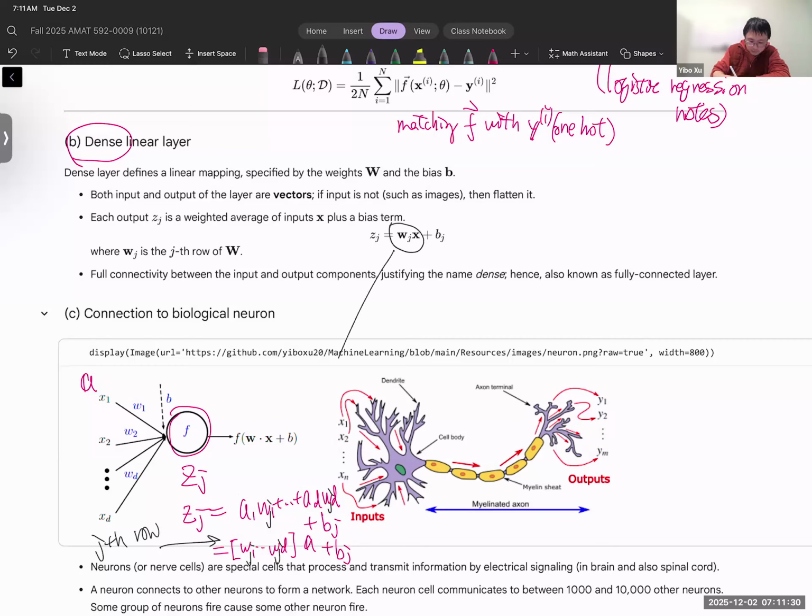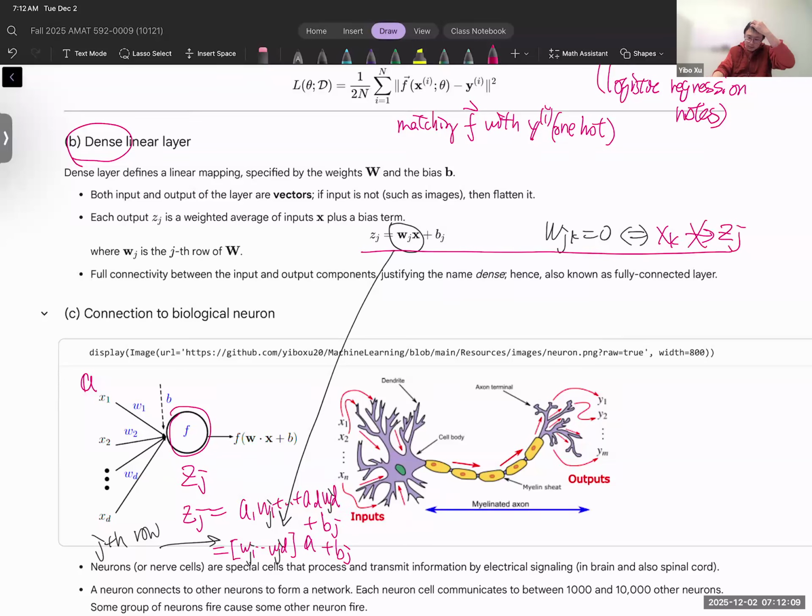If you have, let's say, Wjk to be zero, that means your ak here multiplying by Wjk is going to give you zero times that. So ak doesn't do anything anymore. It tells you xk in this equation does not affect zj at all, so one of the edges does not do anything.